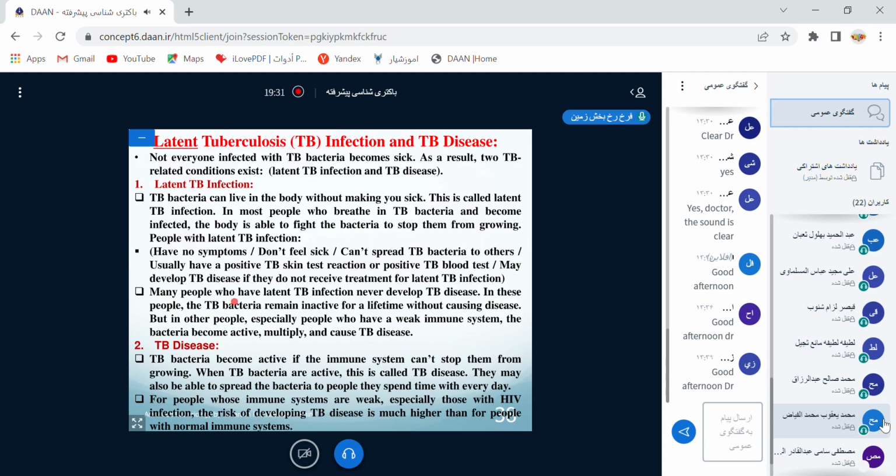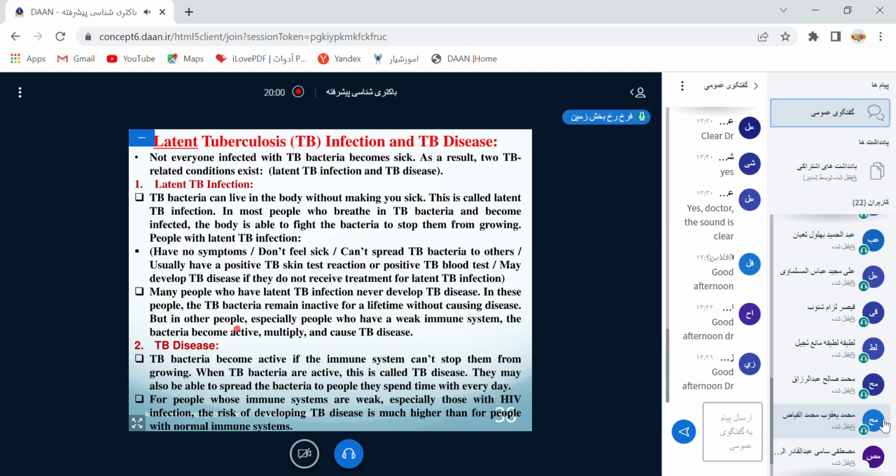Many people who have latent TB infection never develop TB disease. In these people, the TB bacteria remain inactive for a lifetime without causing disease.